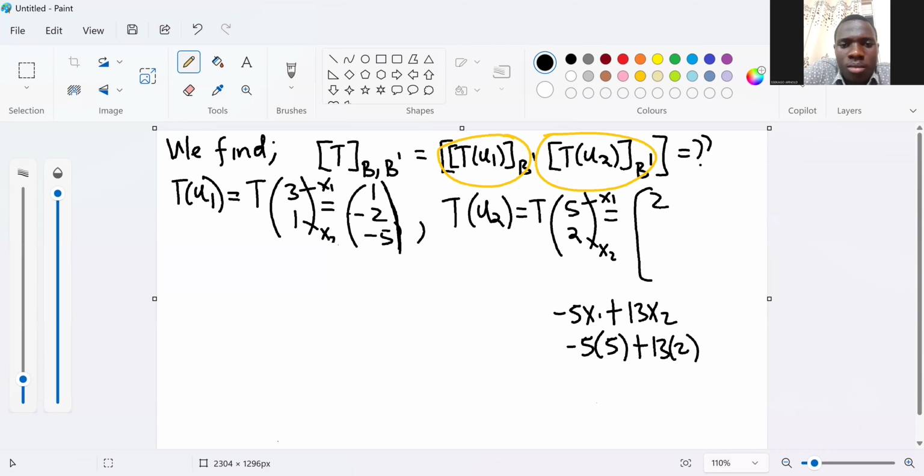So this is -25 plus 26, and that is a 1. Then the last one is -7x1 + 16x2. So this will be -7 times 5 plus 16 times 2. So that is -35 plus 32, -3, like that.